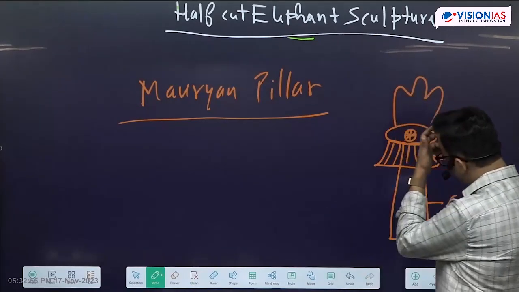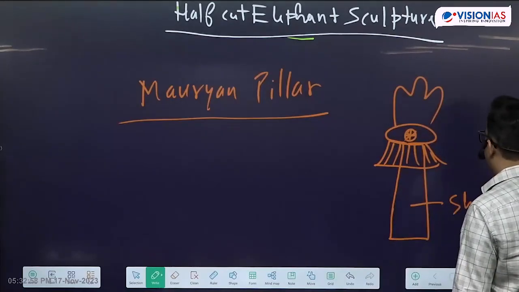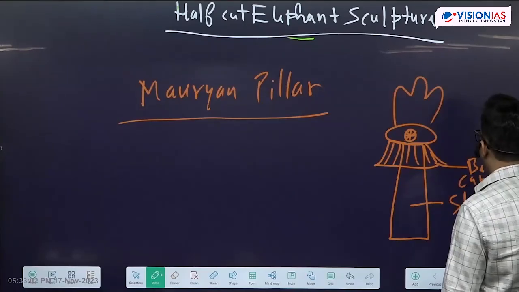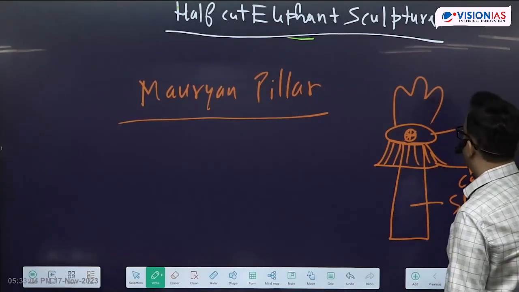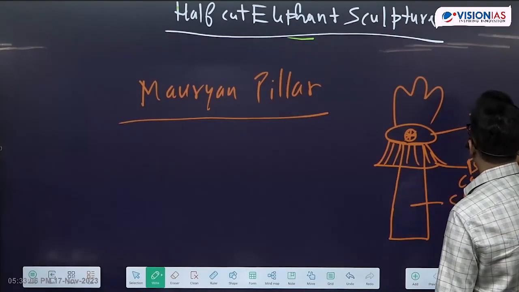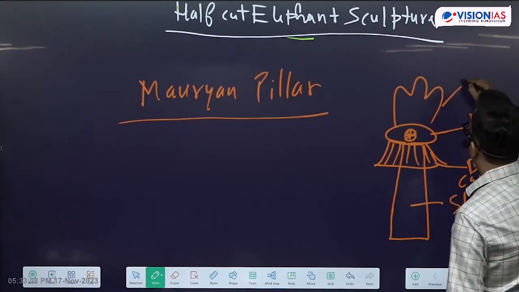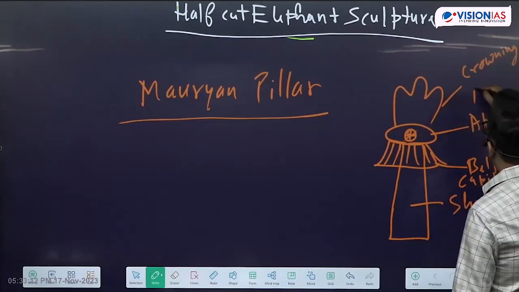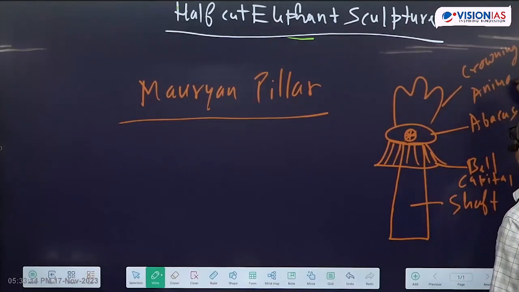So this part we call a shaft, then this we call a bell capital, and this part is called an abacus, and the last part is called a crowning animal. So this is how generally the Mauryan pillars will look.